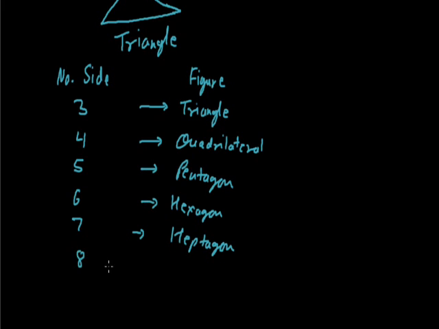And an 8-sided figure is named octagon. In this way, we can name the different polygons. Three-sided polygon is called triangle, four-sided quadrilateral, five-sided pentagon, six-sided hexagon, seven-sided heptagon, and the eight-sided polygon is known as octagon.